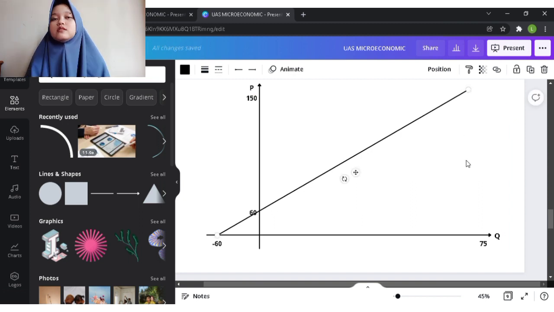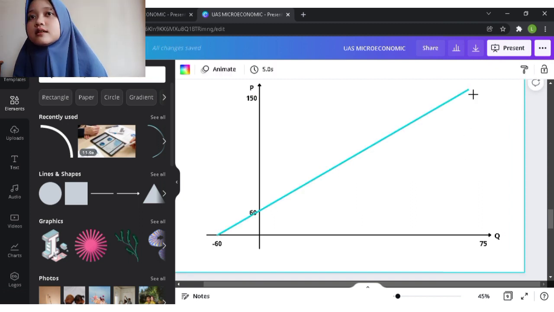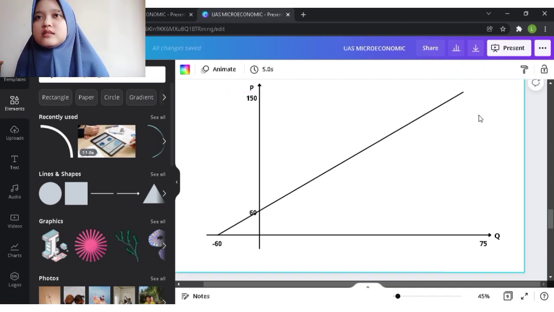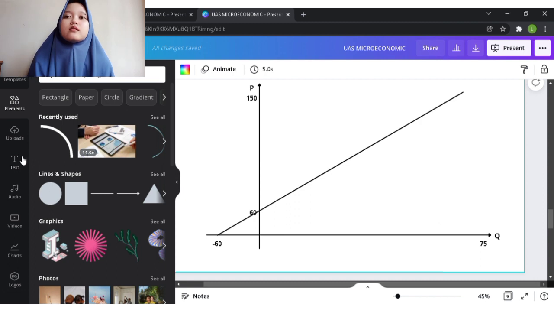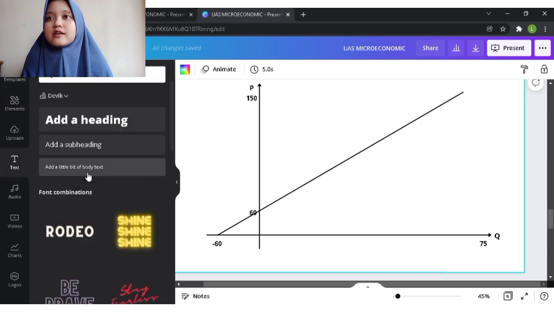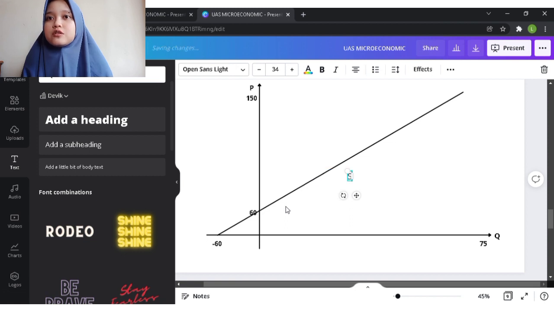Then we give a note that it is the line of supply, because there are many lines in the economy, so be careful to take note of each line. Then it is the supply.